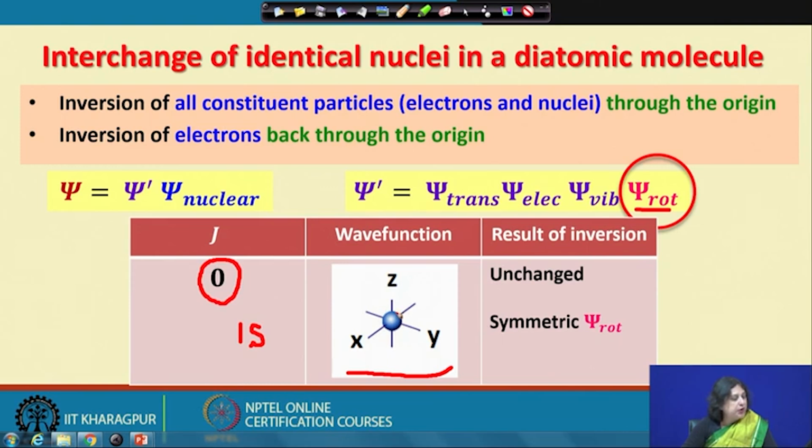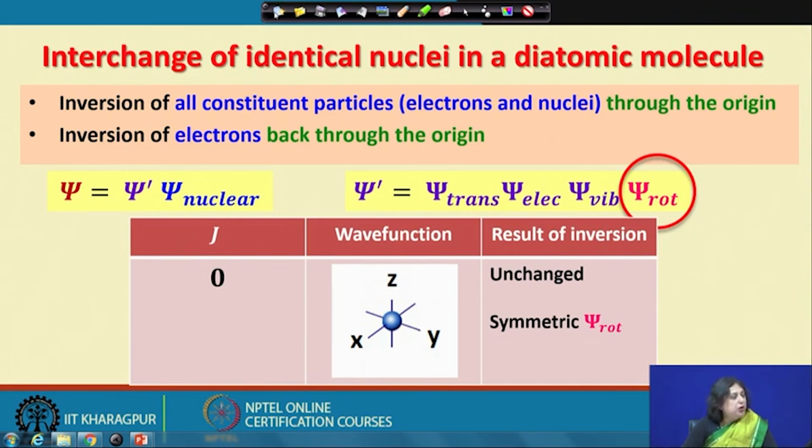Now, if I take a point here and invert it through the origin, which is at the center of the orbital, will there be any change in the sign of this wave function? The answer is no. The result of inversion is that it will leave the wave function of j equal to 0 unchanged, and therefore, we conclude that whenever I am talking about the j equal to 0 wave function of a rigid rotor, I must have a symmetric psi rot.